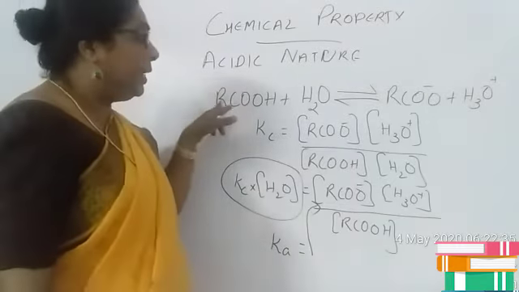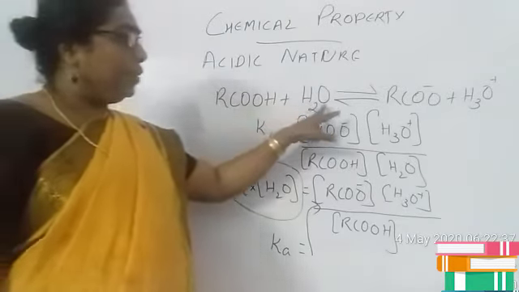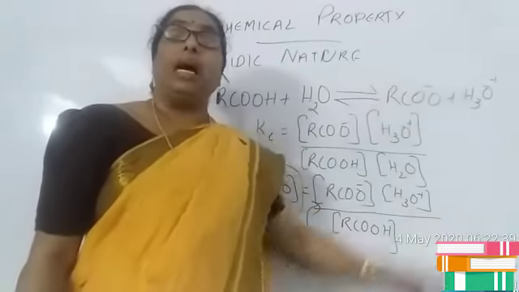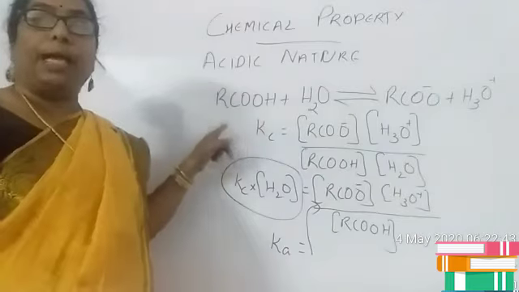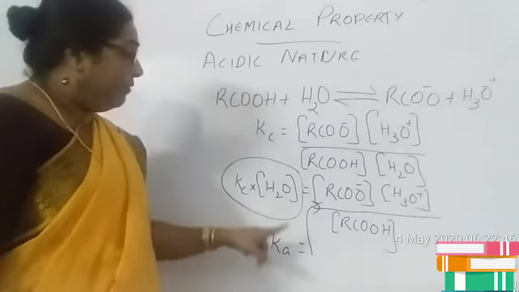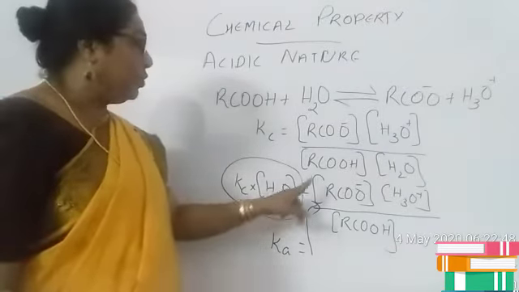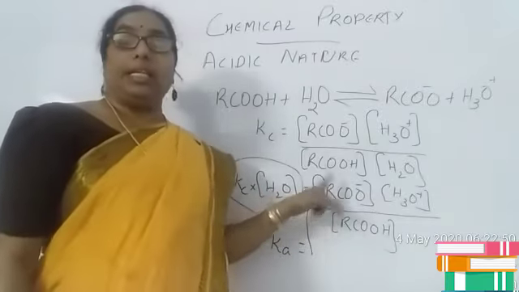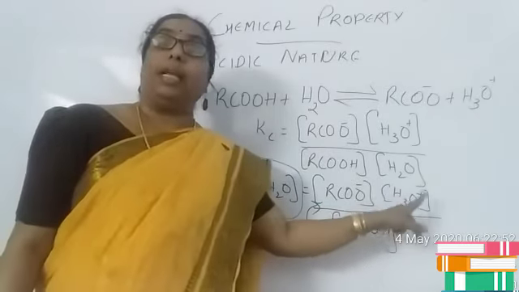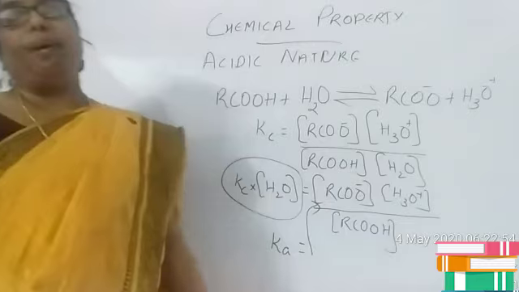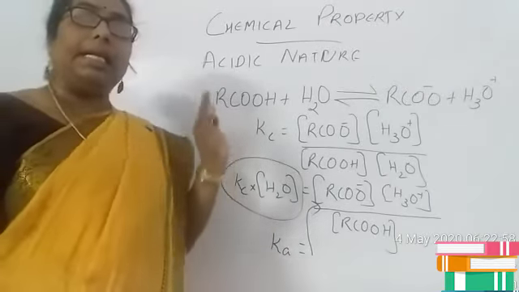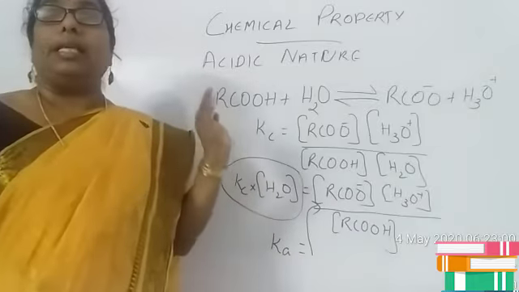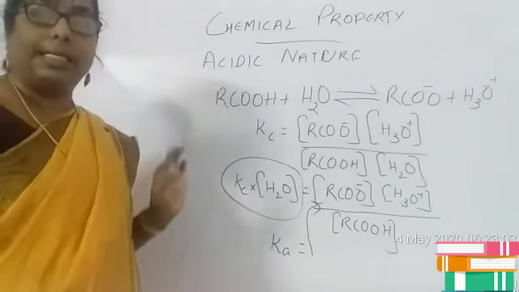So carboxylic acid reacts with a water molecule and produces RCOO minus and H3O plus. After applying the law of chemical equilibrium, we get Ka equal to the product of the molar concentrations of RCOO minus and hydronium ion divided by the molar concentration of RCOOH, where Ka is a constant called the ionization constant for acid.